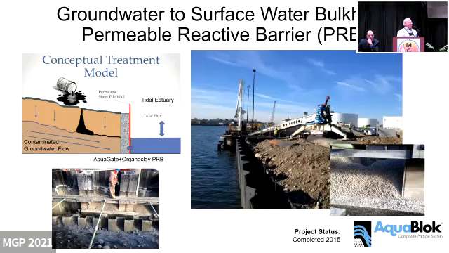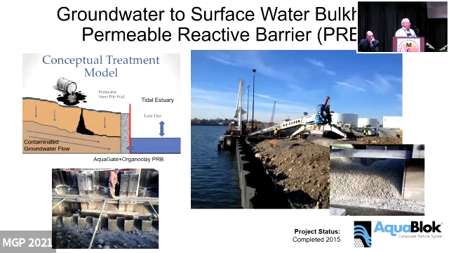So at this particular site, they had the advantage that they were constructing a new bulkhead outboard of an existing old dilapidated bulkhead wall. So it created kind of an ideal annular space between the two walls where you could put some permeable material in and that could be used to intercept groundwater.